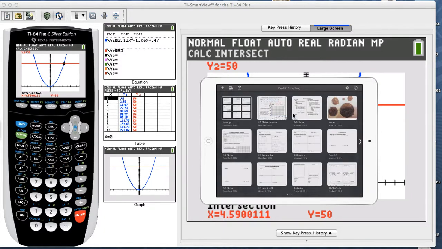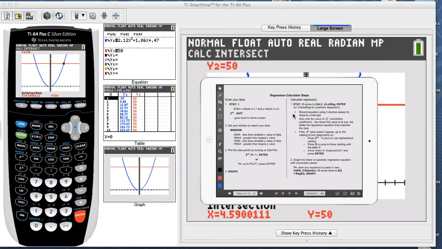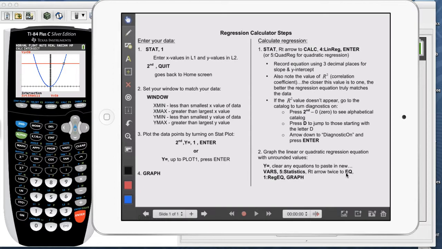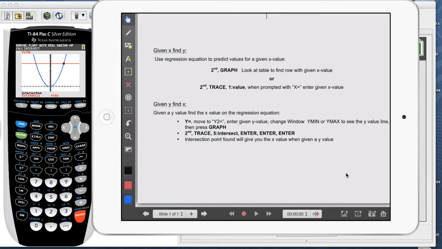Now I want you to go to your notes. Let me make this bigger so you can see it. Now if you lift the paper up, you will see that to find x when y is given, you go to y equals, and then you put in y2 the value given to you, which in this case is 50 or 100 or 1,000.